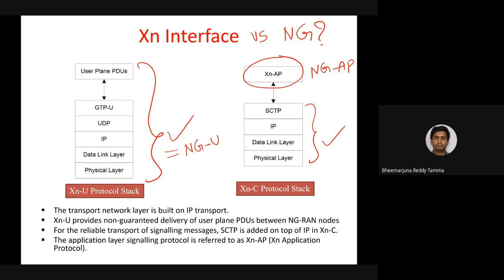Except that Xn AP is the application layer protocol, because what they wanted to send has different headers at layer 5 compared to what you have seen in the NG control plane interface between the base station and the AMF.